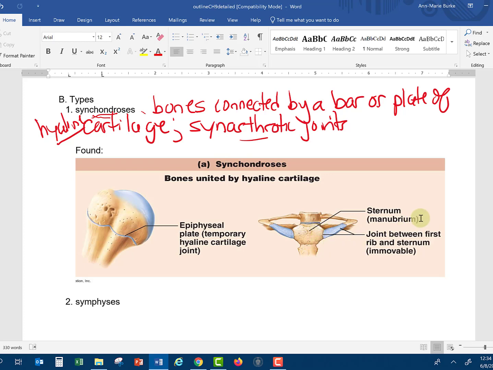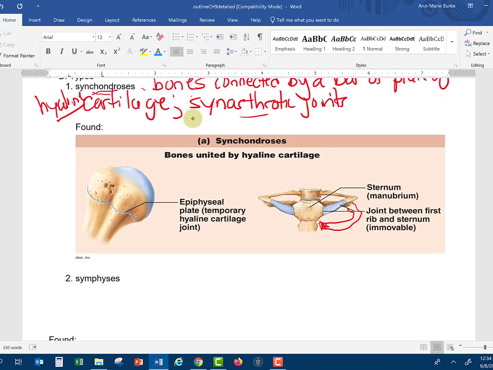So we still have hyaline cartilage here, but right here we are going to have a synovial joint. It just so happens that the joint between all the other ribs, besides rib number 1, and the sternum is a synovial joint, which allows movement.